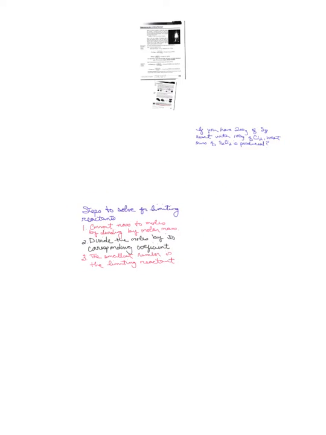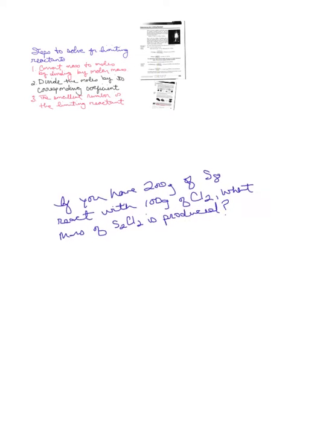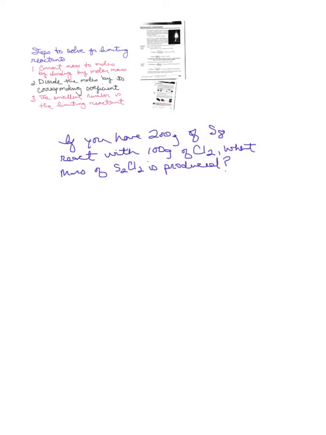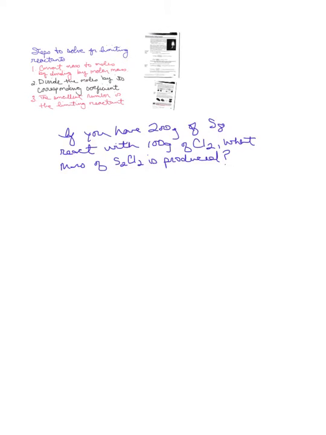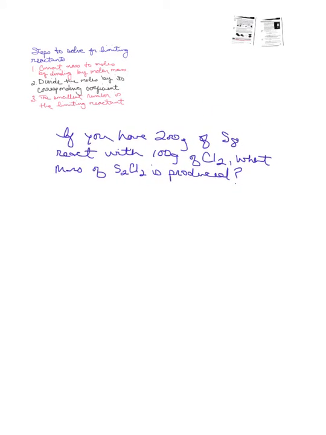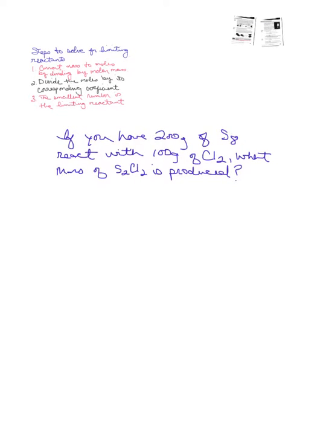So let's take a look at our problem, and I don't have it balanced just yet, so we're going to do that so you can take a look at that as well. Let me move some of this around, sorry. Okay. So our problem is if you have 200 grams of S8, the name for S8 is cyclooctasulfur.